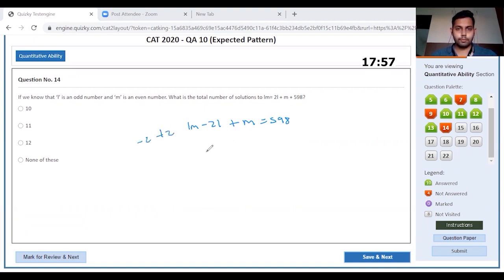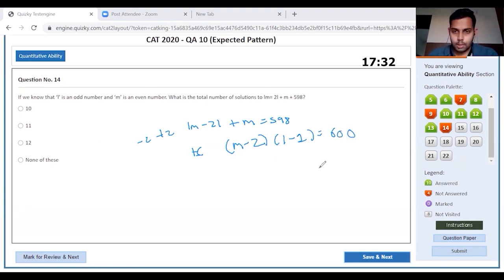Okay. So we have L. So what we get is (M minus 2) into (L minus 1) is equal to 600.